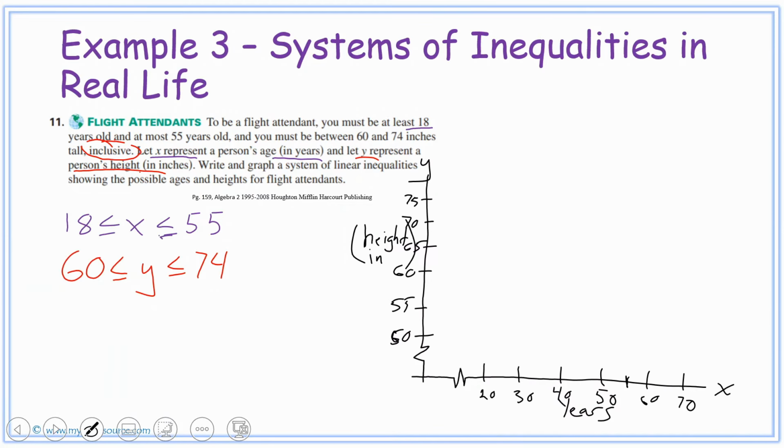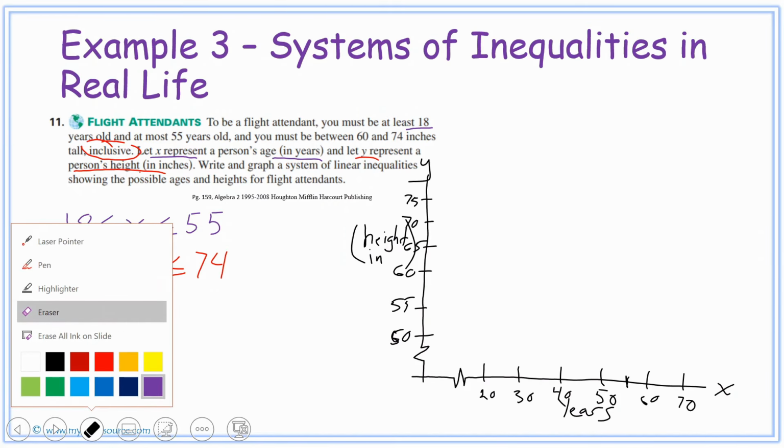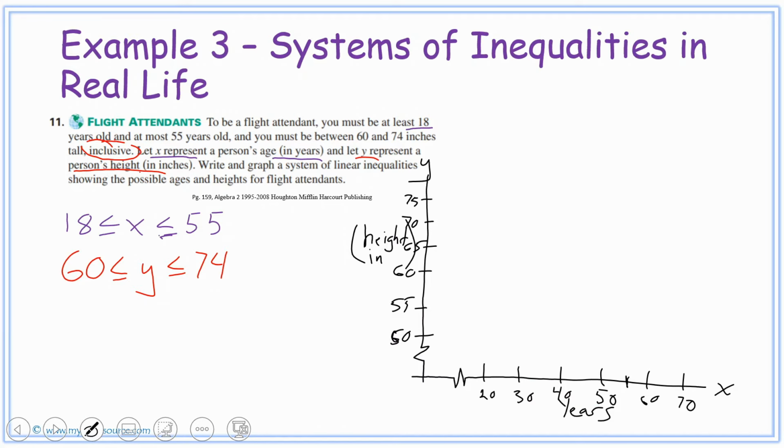Okay, so let's go ahead and draw this. A person could be 18 years. We know they can't be in the negative realm, so let's say that's about 18. All right, so let's say that person is 18 years old. Look like that, a little bit straighter, of course. That's going to be our x equals 18 line.